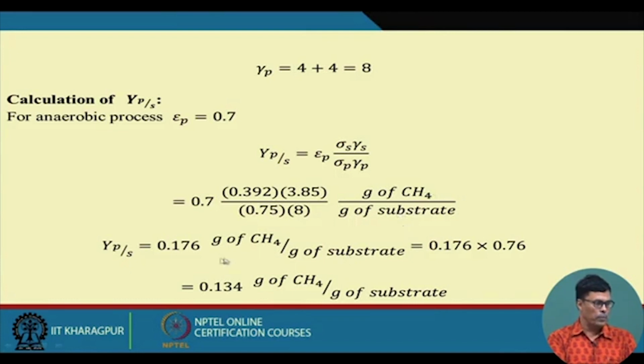This comes to about 0.176, but we considered this per kg of organic biomass, and the total organic residue contains 75% organic biomass. So you multiply it by 0.76, then you get 0.34 gram of methane per gram of substrate. So we can easily calculate the minimum grams of methane that can be produced.